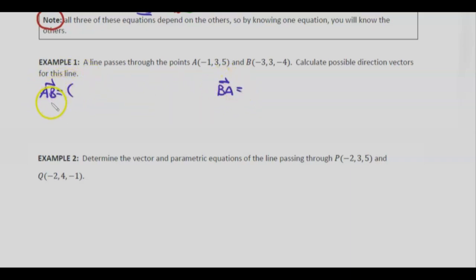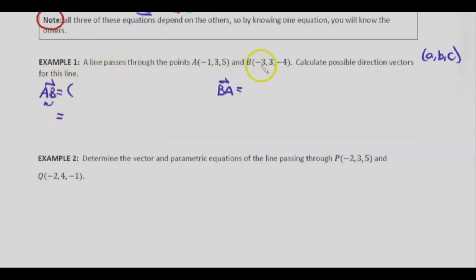So AB, if you remember direction vectors, we subtract backwards and we subtract components. We are going to end with a direction vector, which means we're going to end with something in component form. So we're not adding these like a dot product. It's just going to be a vector.